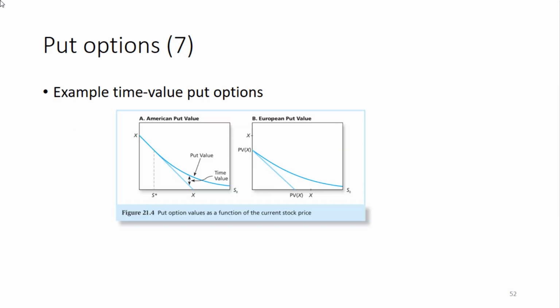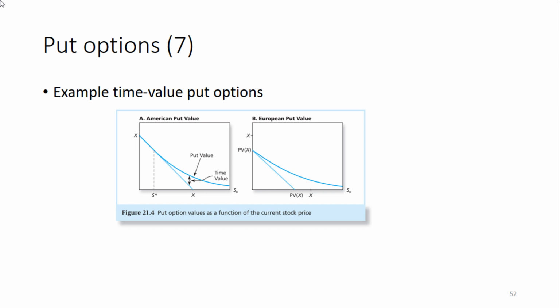So let's look at an example again. In this graph, actually there's two graphs. There is the time value that is there on the right hand side of the X. So we see that when the put option is out of the money, which is the case when the underlying stock is larger than the exercise price, then the intrinsic value is zero, the option value is positive, and that's fully due to time value.